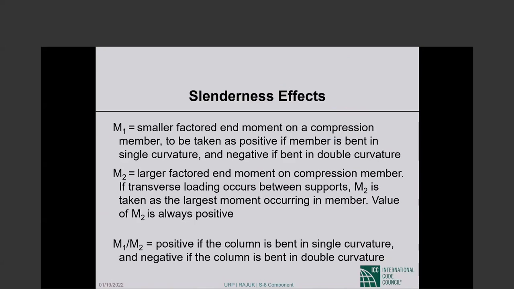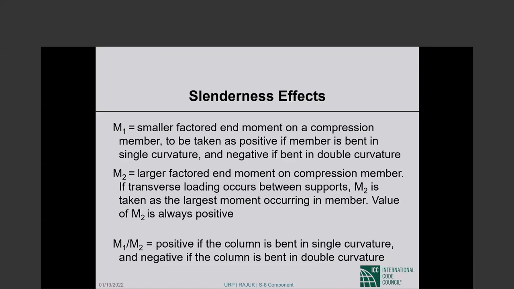The smaller moment is M1. Smaller factored end moment on a compression member, to be taken as positive if the member is bent in single curvature, and M1 will be taken as negative if the column bends in double curvature. Quite a bit is said there, and it is the smaller of the two end moments.